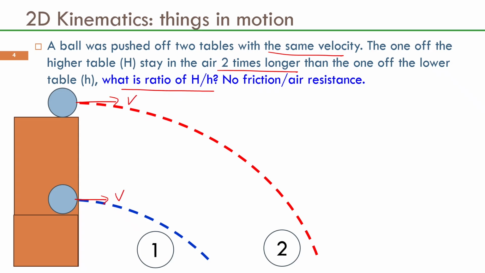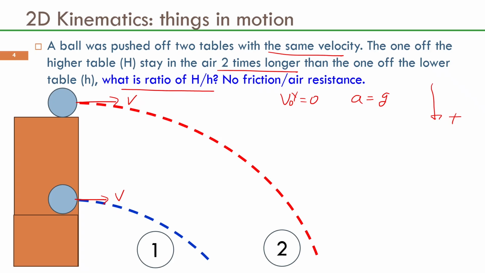That's some information about the horizontal motion, but we do not know their horizontal displacement. In other words, we don't know their range. So let's look at the vertical direction. We know for both balls, their initial vertical velocity is 0, and we know their acceleration is g if we choose downward as our positive direction.